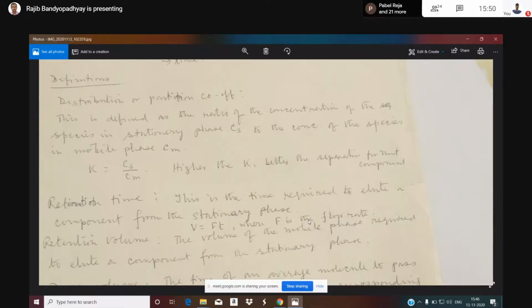And after that, we have the detector. See, this is the detector. This is just a block, but in most of the cases, the detector is outside this. One type of detector that we have seen is the flame ionization detector. It ionizes the compounds in a flame, and then it detects the concentration.